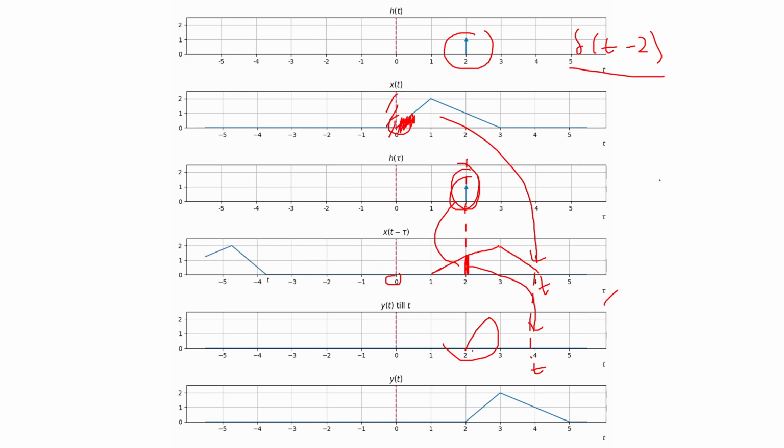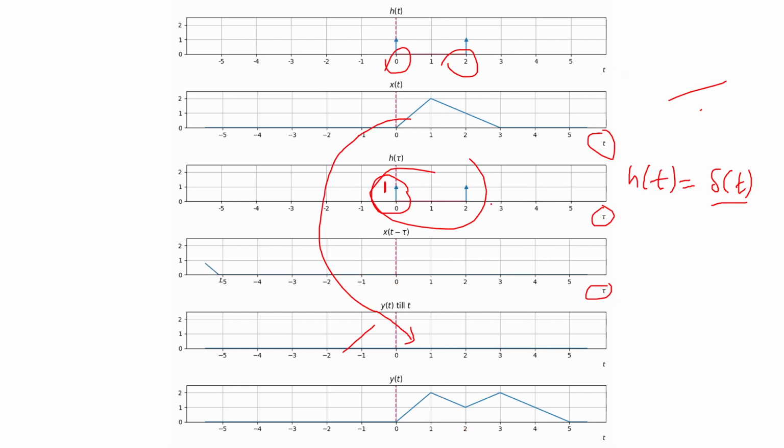The system has memory. So what that means is due to the inputs happening over there, output resulted at a later time, right? Can you see that? Yeah. Okay. So here in this case, this impulse is there, this impulse is there.